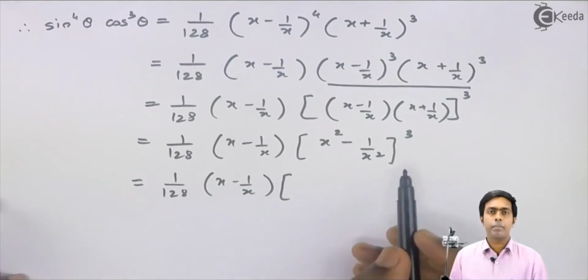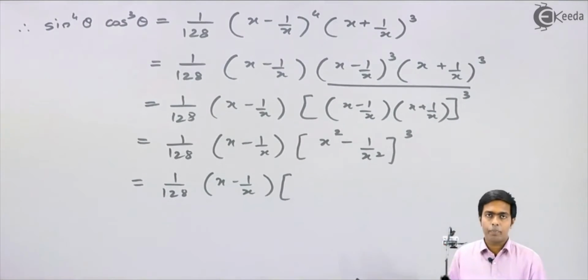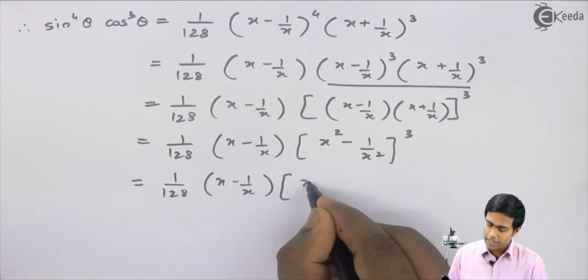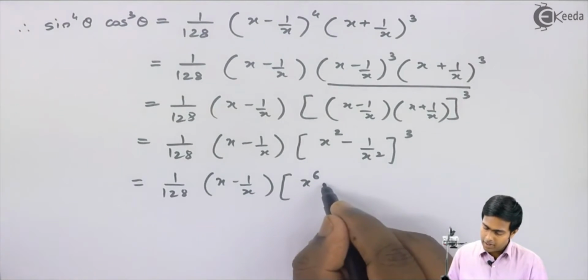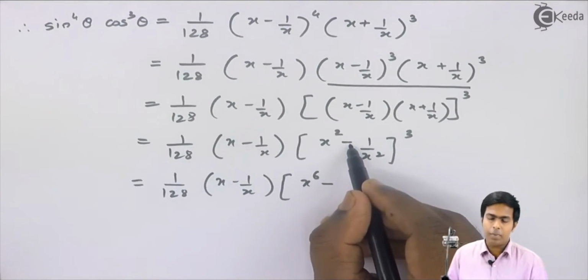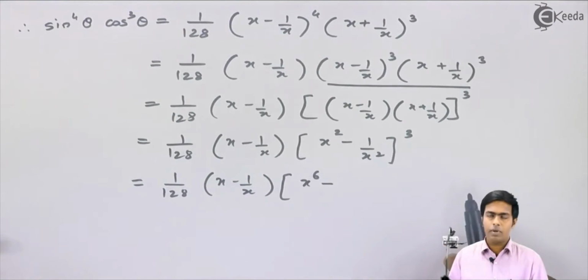Now I am applying the binomial theorem here, so pay attention carefully. So we will get x raised to 6 here, minus, since we have a minus sign, that is why in the binomial theorem I will use alternate plus and minus.